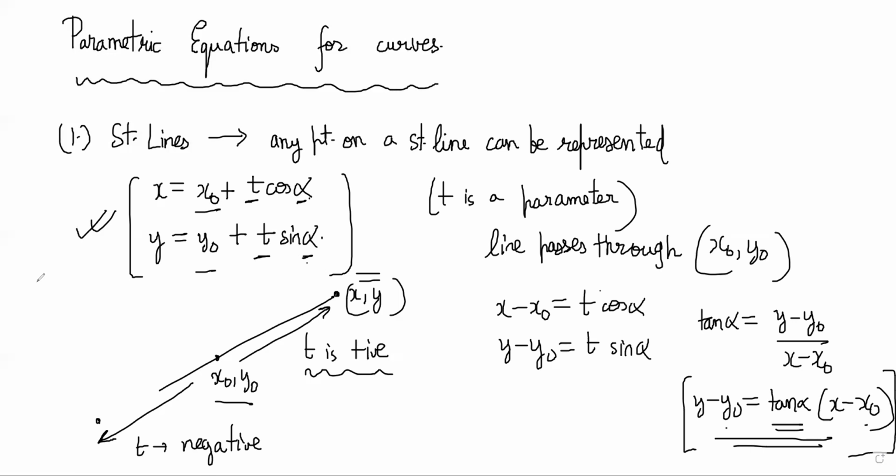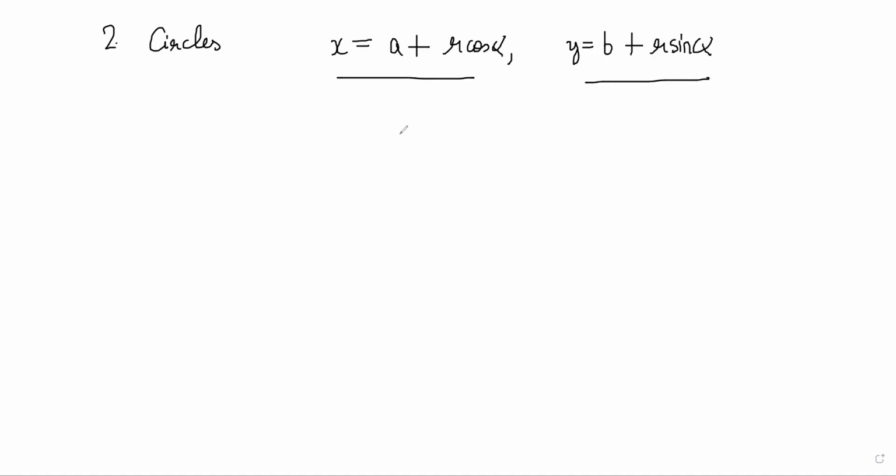Similarly, we can find parameterizations for other types of curves as well. For example, for circles, we can easily show that x is equal to a plus r cos alpha and y is equal to b plus r sine alpha is the parameterization for a circle.